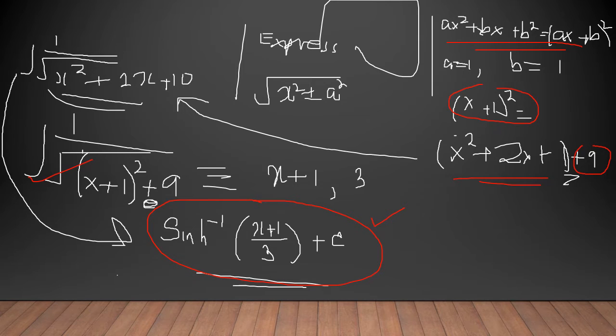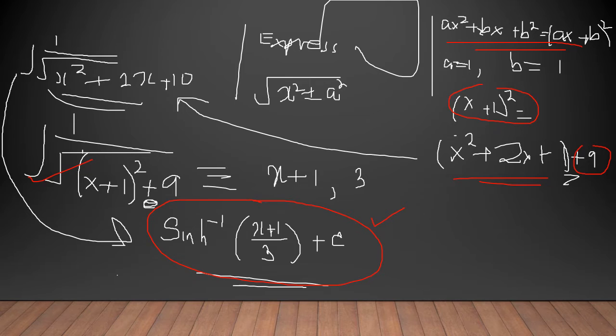The denominator needs to be either x squared plus or minus a squared. If it's positive, we know it becomes sine. If it's negative, we know it becomes cos.